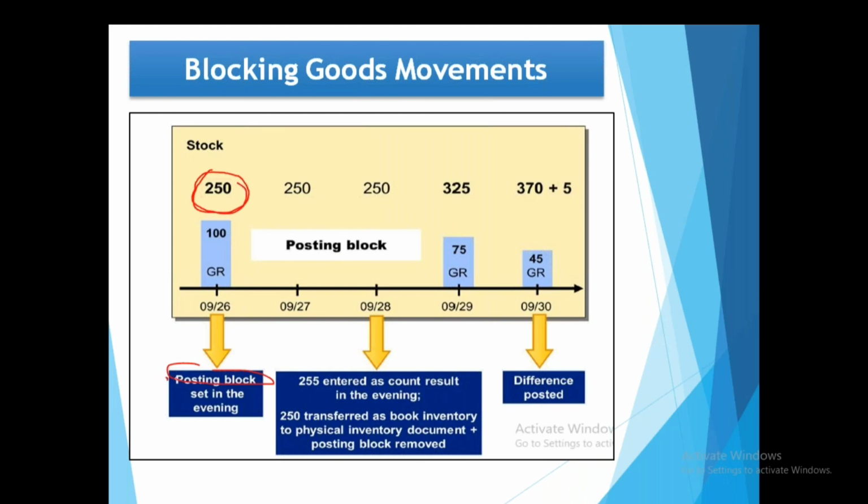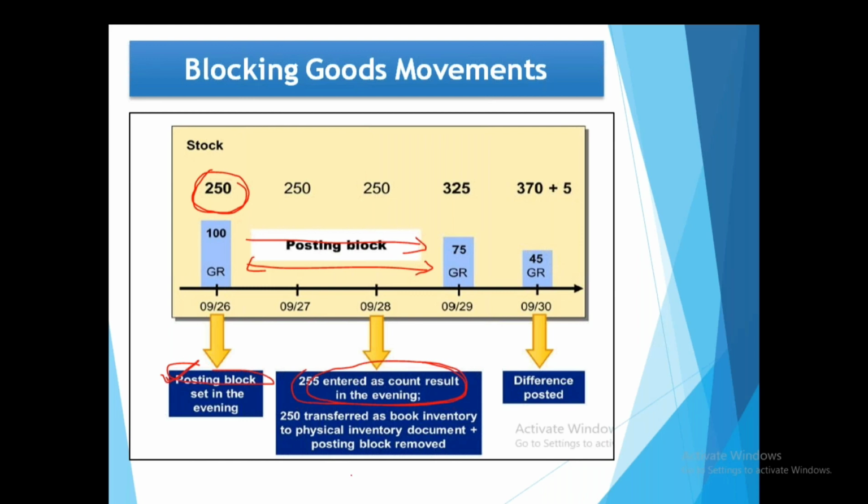Now once you activate the posting block, during that period the system will not allow you to do any kind of stock postings. There will be a posting block. You cannot do anything. Now you enter 255 as the counting result.